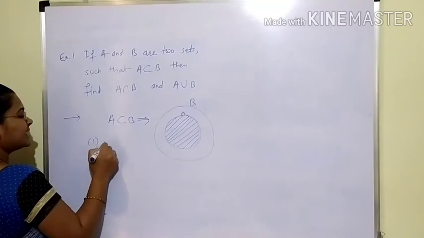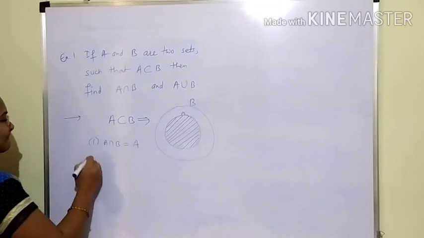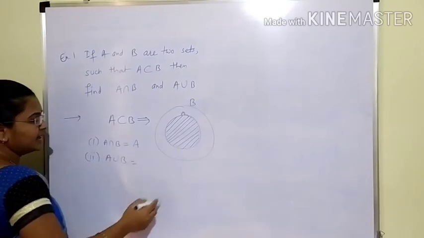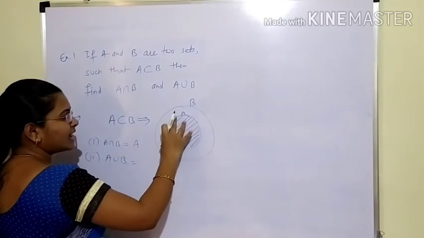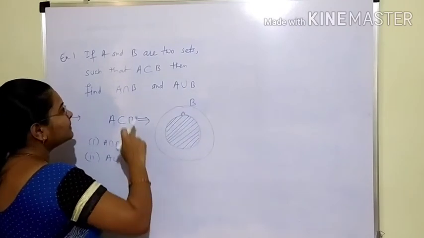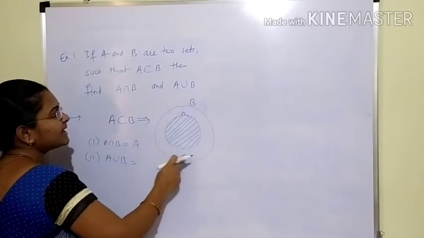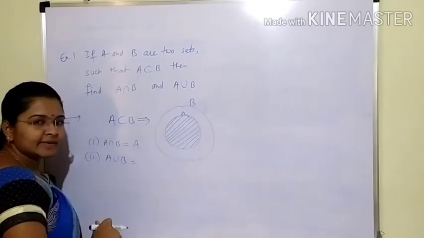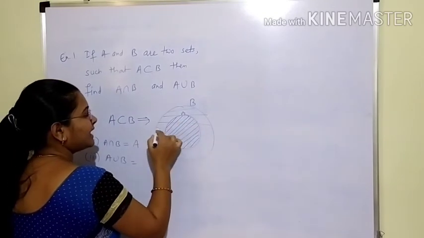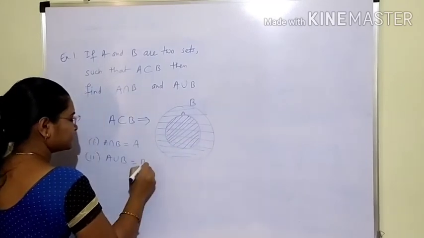Now A union B. In A union B, we take elements from set A as well as from set B. But as A is a subset of B, B is the biggest set containing A. So A union B is nothing but set B. Getting it?